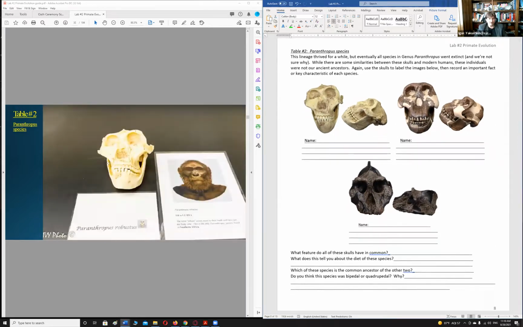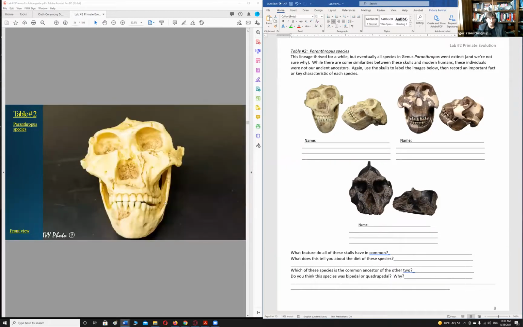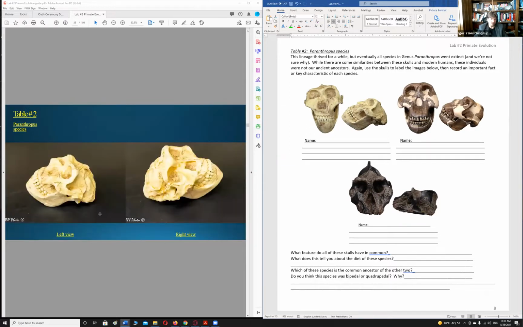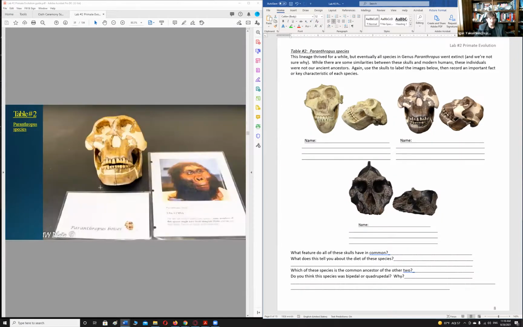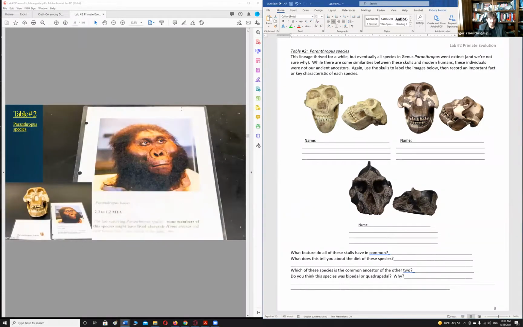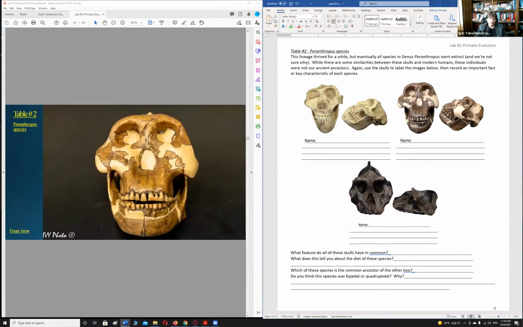So in this particular case, we have Paranthropus robustus, not a human being for sure. Right there, that's the skull. Oh, a replica of the skull, of course. But again, very, very massive lower jaw. Paranthropus boisei, again, not a human-looking creature, most likely bipedal, by the way.